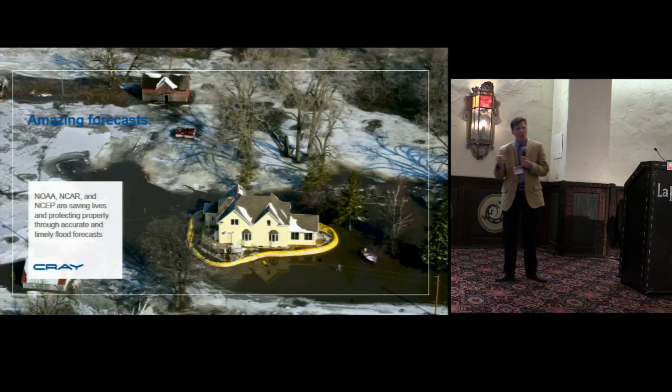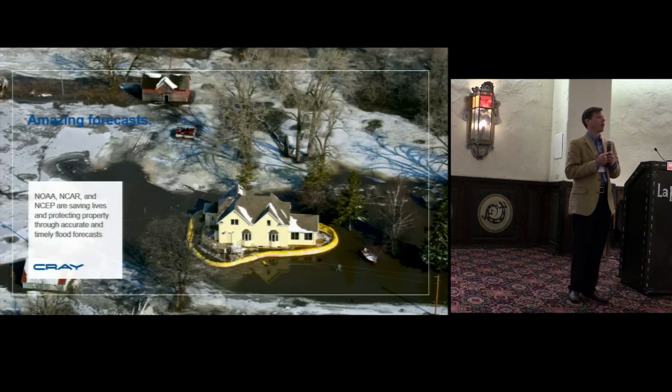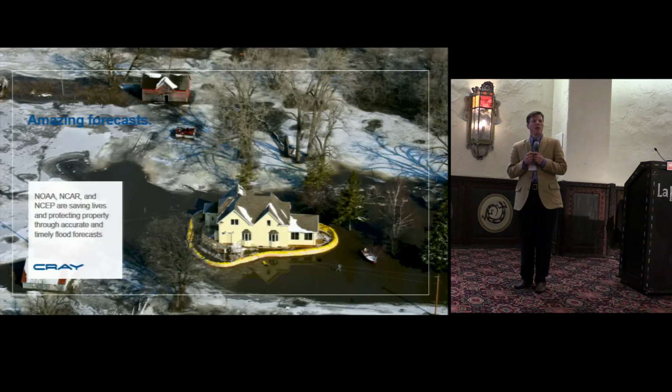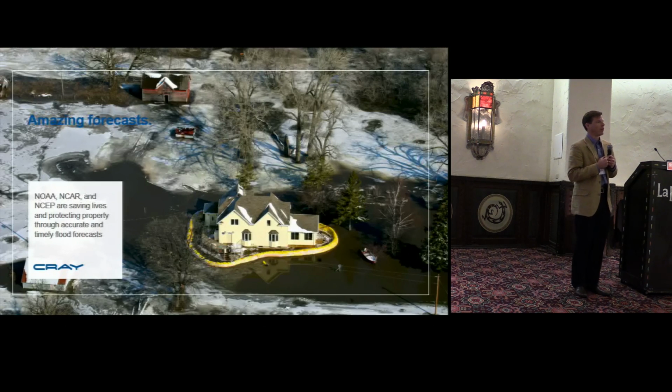Another example is a little bit more from our traditional simulation workloads, where NOAA and NCAR have developed the new national water model. In this case, they used to have less than 4,000 sensor points, observation points, and they would generate their forecast data.